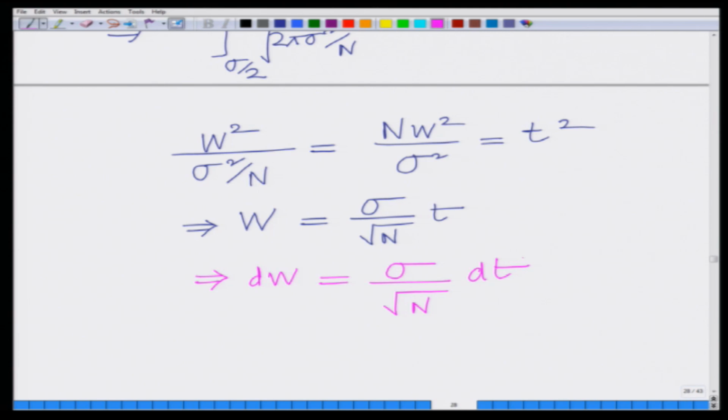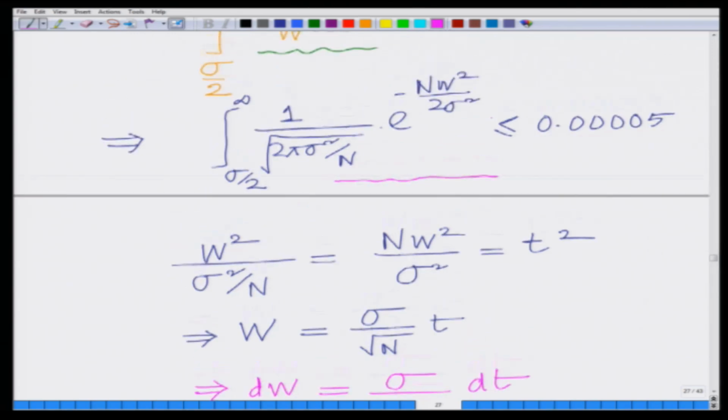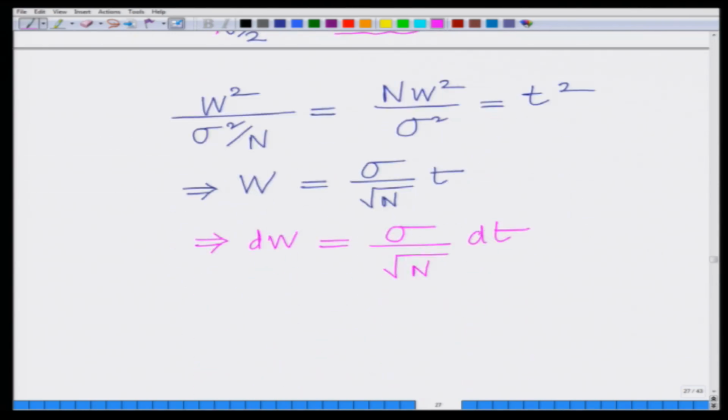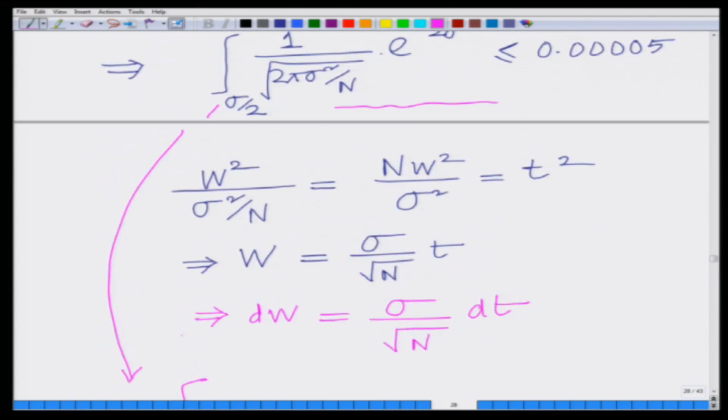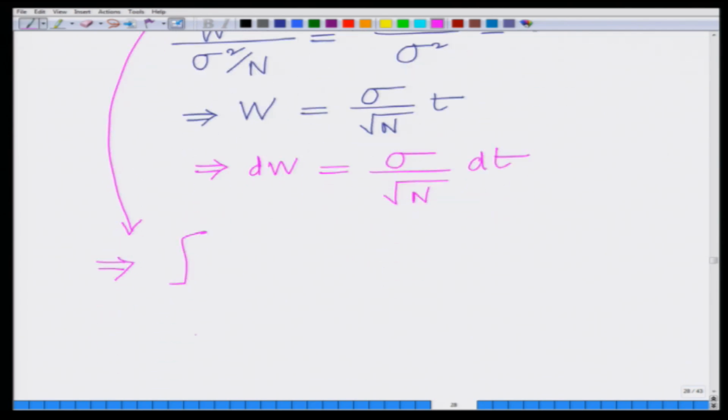Now if you substitute this in this integral, you can see the limits: when W is sigma by 2, t is W divided by sigma over square root of n. So this becomes square root of n divided by 2 to infinity.